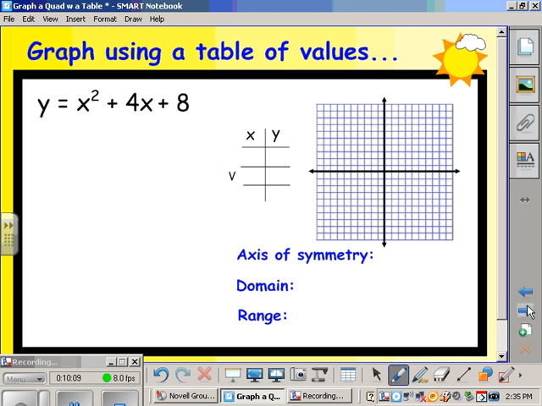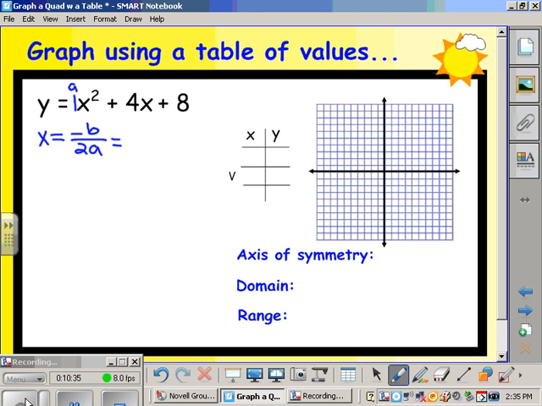Okay, so let's go back to this. We're also going to talk about the domain and range. Okay, so let's kind of do this in full, and then we're going to identify the axis of symmetry, and I'm going to show you how to do the domain and range. Okay, so first we want to find the vertex, so we're going to start by using the vertex formula for the x value, which is negative b over 2a.